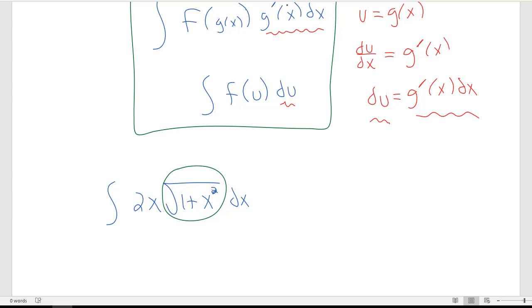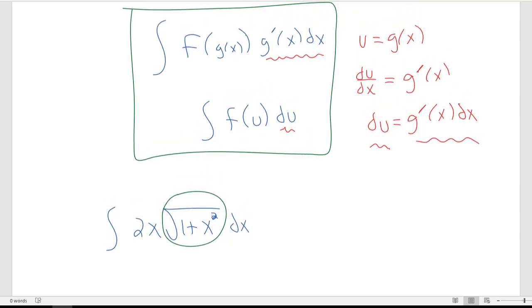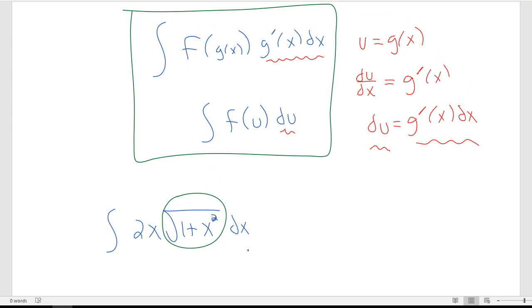That g prime had to be in the integral. Scroll back up a little bit more. And notice that's going to work in this case. If we let u equal this quadratic, its derivative is 2x, and that is in the integral. So this integral is constructed in a very convenient manner so that u substitution will work.